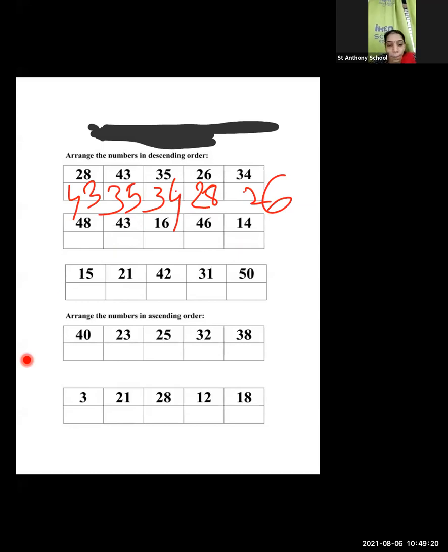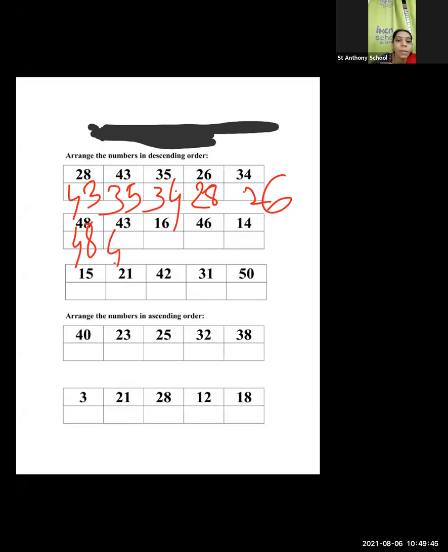इसमें सबसे बड़ा number कौन सा है? We have to identify that. Which is the biggest number in that? 48. Yes, so we have to write it first. 48. Correct. 48 से small number कौन सा है? Which is the smaller number than 48? 46. Very good.